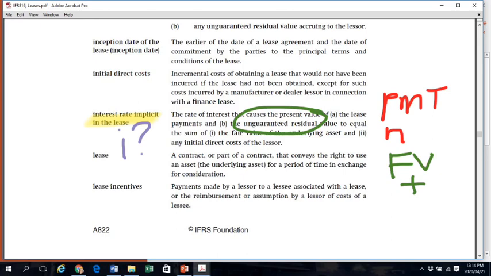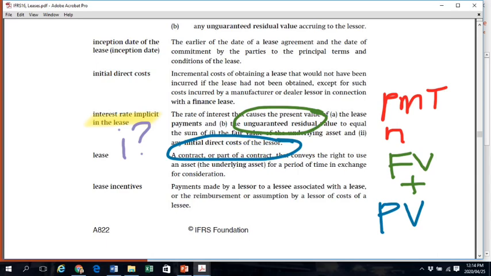Then you need a present value variable. And the present value variable is, from the perspective of the lessor, the total amount that's being financed. And that will be the fair value of the underlying asset, because that's the asset that is being financed, together with the initial direct costs incurred by the lessor.